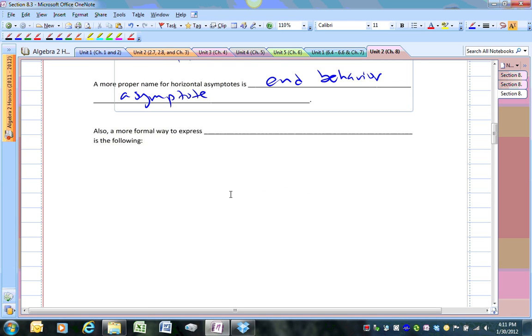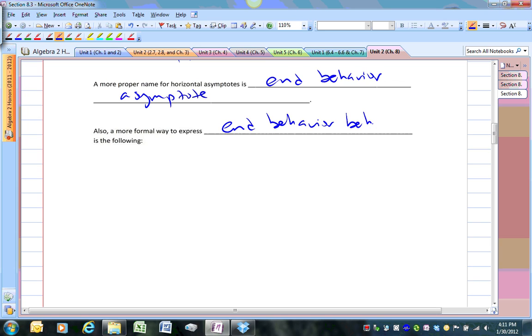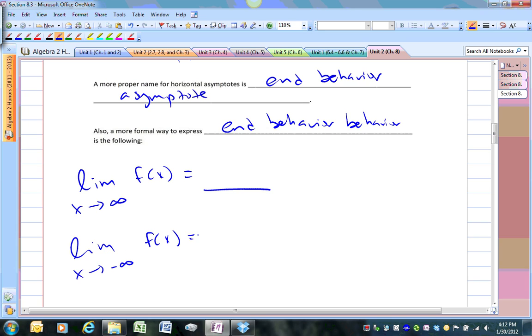A more formal way to express end behavior asymptotes is the following. These are called limits.